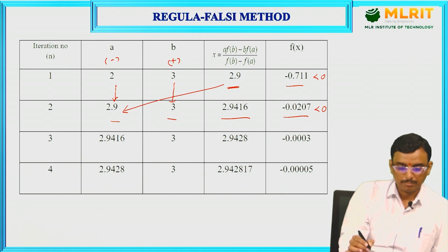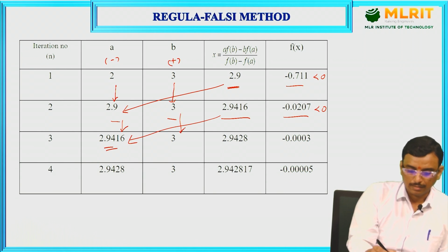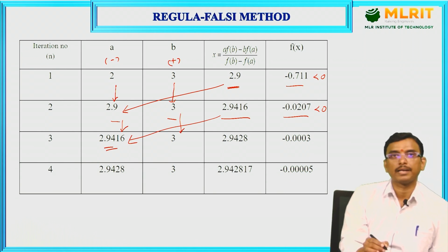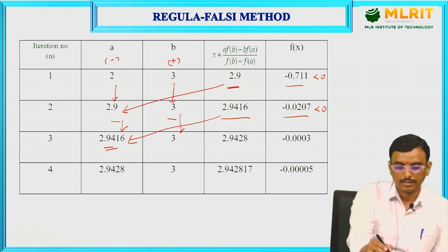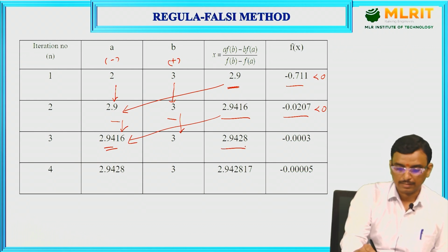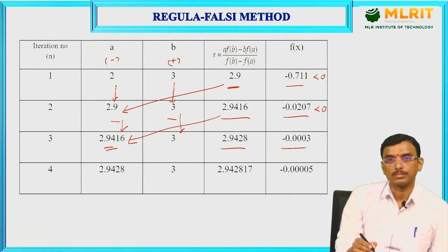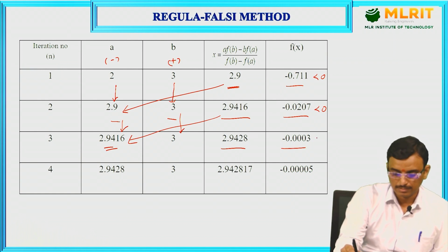So again we replace the negative side value, and b will be the same. Now again we find f(a) and f(b) and substitute these values in the equation for x, so we'll get 2.9428, and its functional value is −0.0003, which is also less than 0.